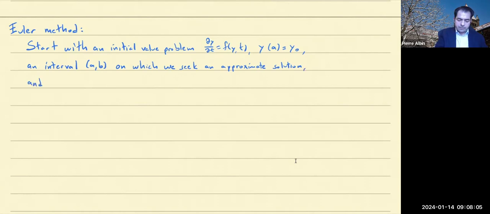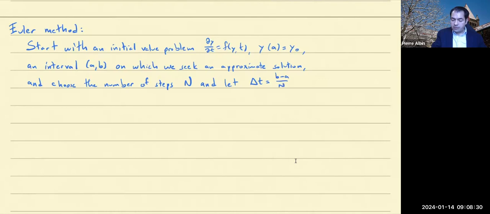And let's choose the number of steps n. So this would be like, how many segments do we want to use? Once we've made those choices, we let delta t, our step size, be b minus a divided by n.